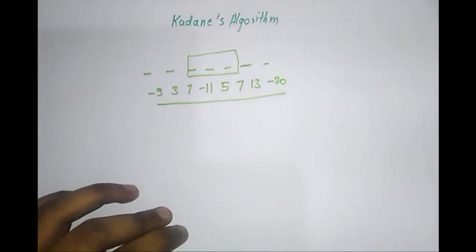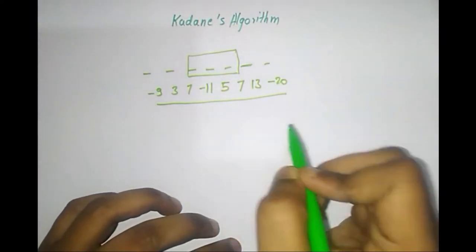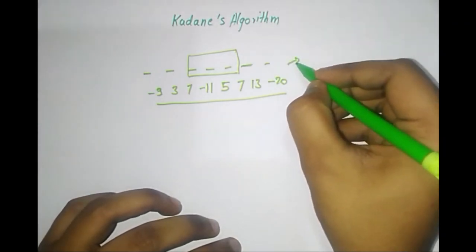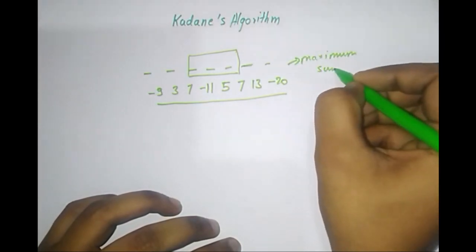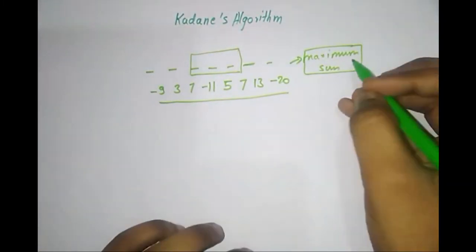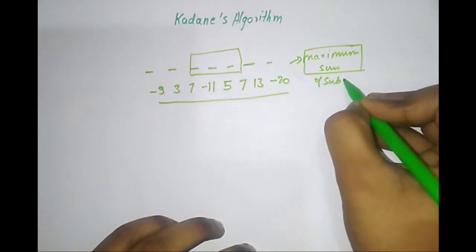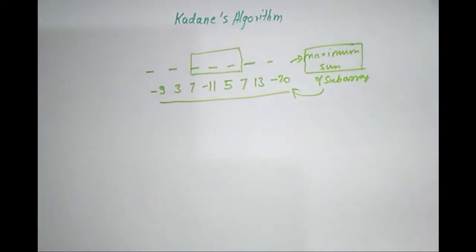How can we find a sub array whose sum is maximum? We have to find the maximum sum of sub array of this array.